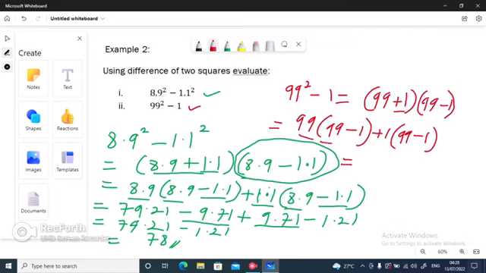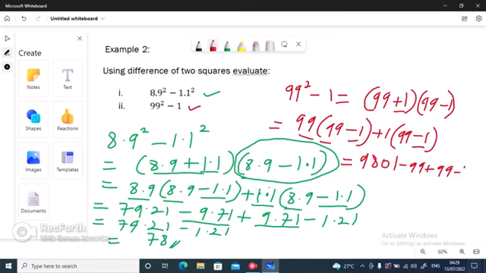So which will give us 99 times 99, we have 9,801. 99 times minus 1, we are left with minus 99. Now 1 times 99, you have a plus 99.